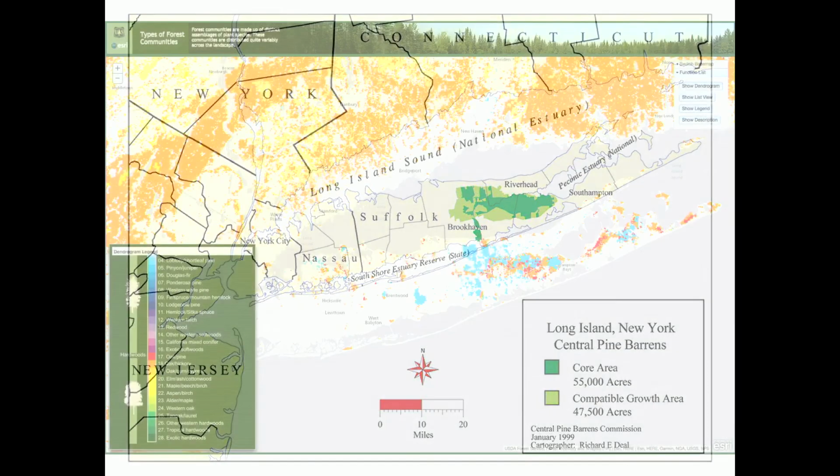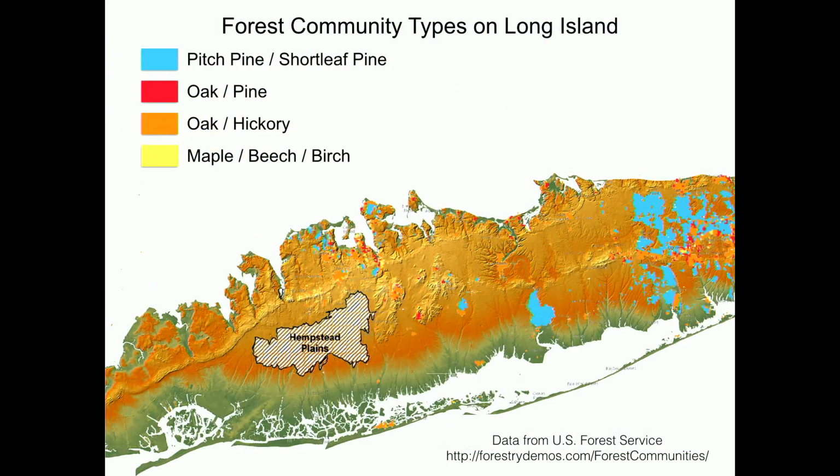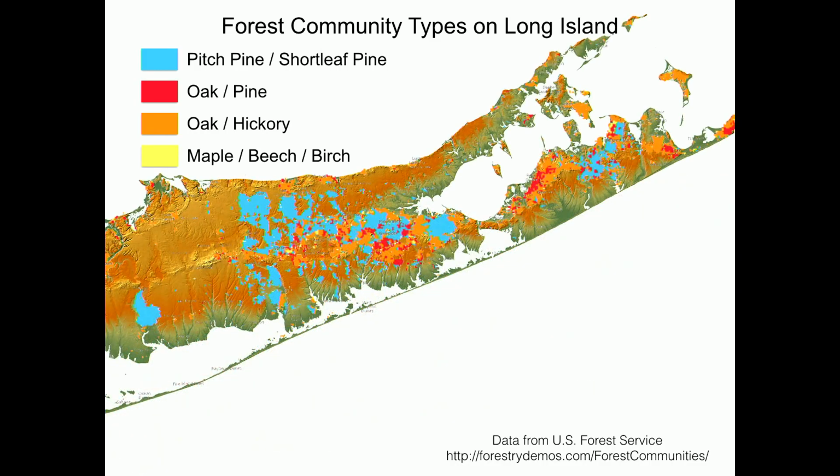If we look at the different forest types on Long Island, the pitch pine, shortleaf pine ecosystem seems to like the outwash. We have this very, very sandy material, but it also occurs in the moraine.